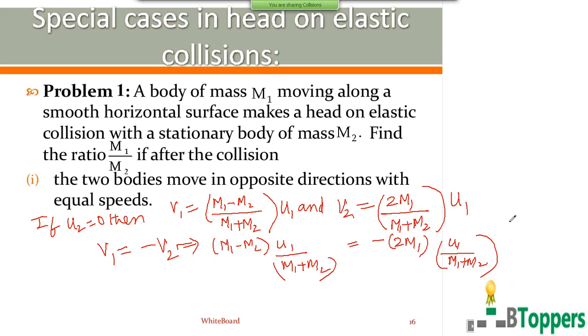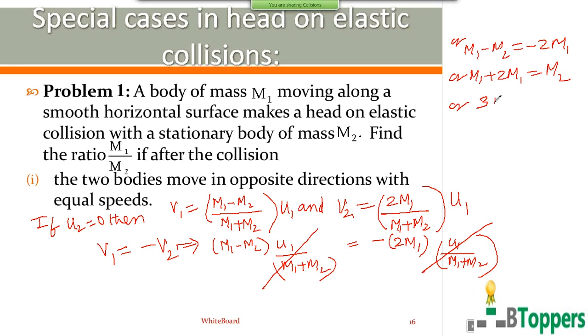So u1 by (m1 plus m2) is a common factor on the two sides of the equation. So m1 minus m2 equal to minus 2m1. You can carry the terms containing m1 to the left hand side and terms containing m2 to the right hand side. So you get 3m1 equal to m2, or m1 by m2 is 1 by 3. That's the answer for the first part of the question.